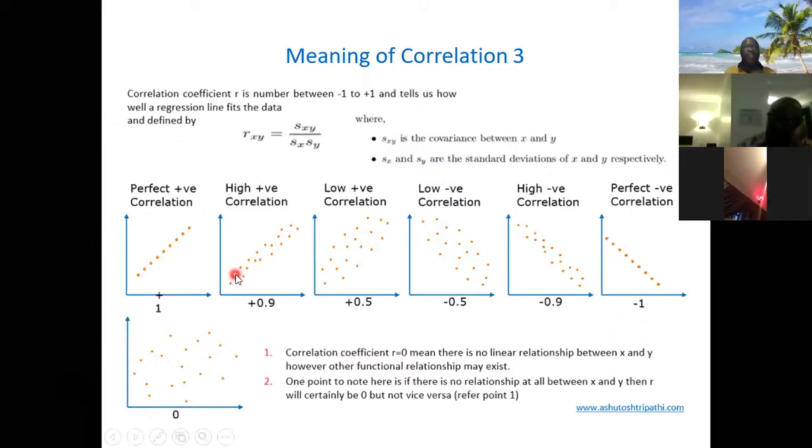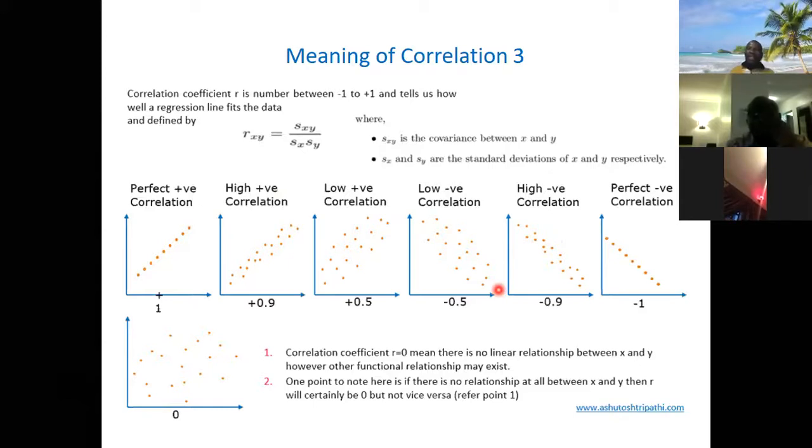So perfect ones are because they are on a line. But when they are not perfect, they can still be high. Look at it. Though it's not in one line, they are going up. That is high positive correlation. Look at high negative correlation. They are going down, though they are not on a line. You can see low positive correlation, low negative correlation. So you can see how scattered the graph is. We determine whether it's strong or low, high or low.